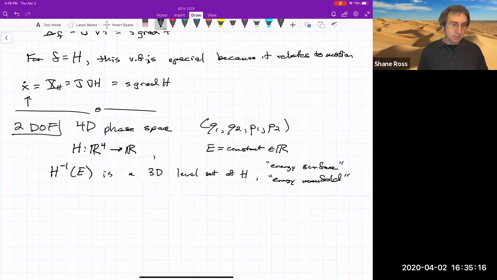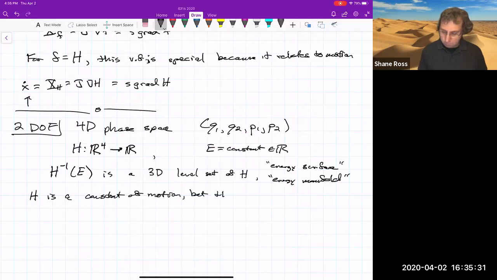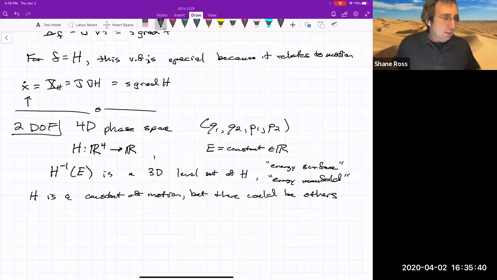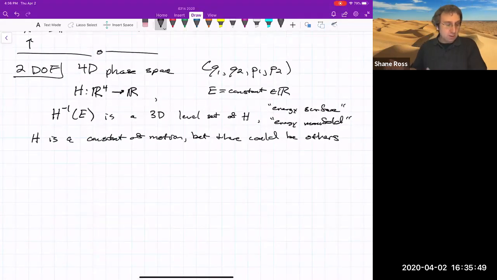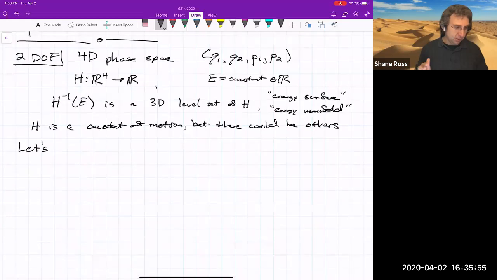We know that H is a constant of motion, but there could be others. So the Hamiltonian function is a constant of motion. But there could be others. Let's assume there are 2 constants of motion. One of them might be H, I don't know. But just for sake of argument and for some geometric interpretation to end on, let's assume there are 2 constants of motion.